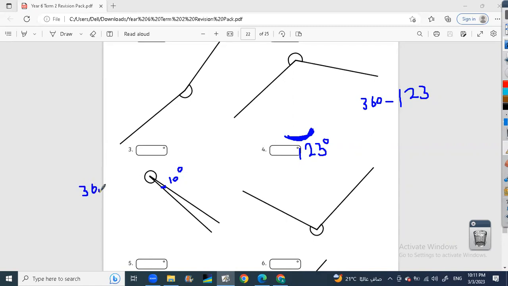So 360 degrees minus 10 degrees is going to give you 350 degrees, and this would be the reflex angle. So in order to find the reflex angle, you must find the angle that is inside and subtract it from 360 degrees.